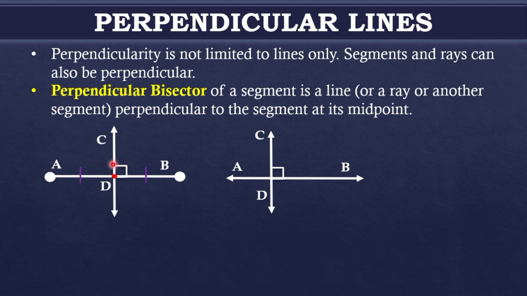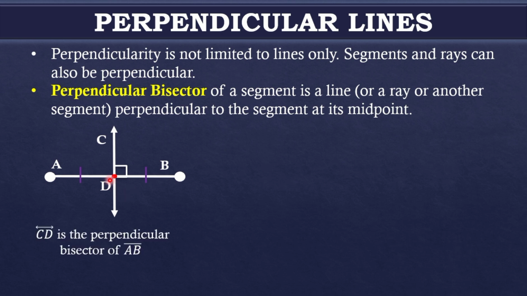Why? Kasi hindi lang siya perpendicular, hinati niya pa ito into two congruent segments. Okay, so ito po ang difference. Ito perpendicular, ito po perpendicular bisector. Okay. So in this figure, line CD is the perpendicular bisector of segment AB.